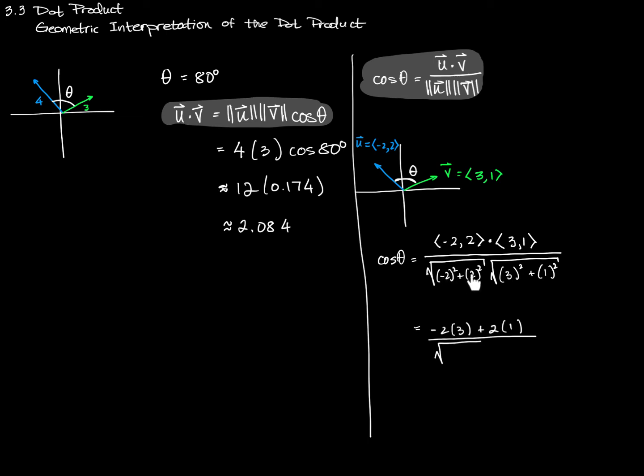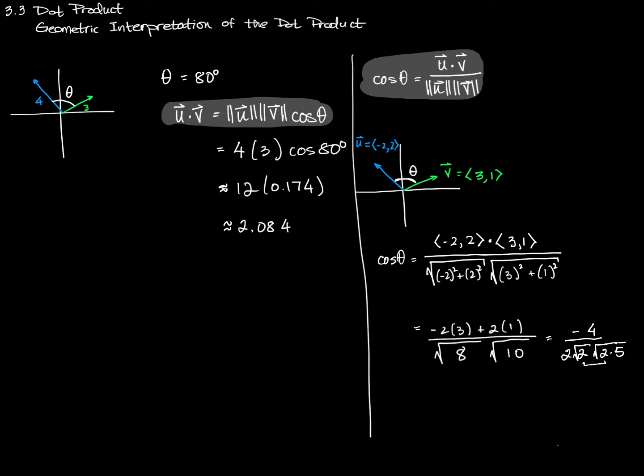This is going to be 4 plus 4, which is 8. That's the square root of 8. I'll just go ahead and leave it like that for now. And v has the magnitude, the square root of 9 plus 1, or 10. That is negative 6 plus 2, which is negative 4, over the square root of 8 can be written as 2 root 2, and the square root of 10 can be written as the square root of 2 times 5.